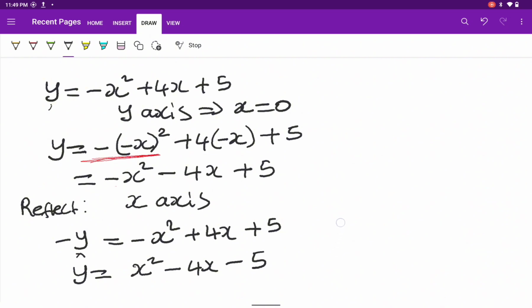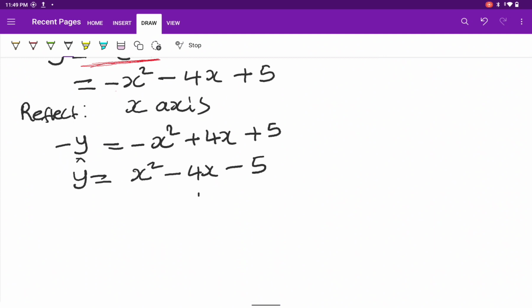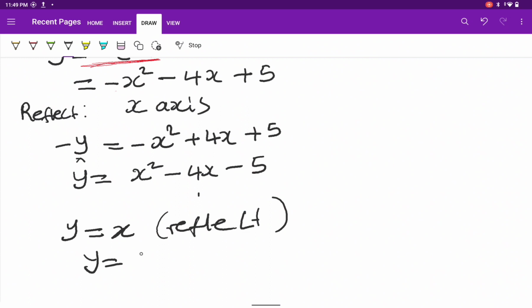Right, the next type of reflection will be along the line y equals x. Okay, we are now going to reflect along the line y equals x. So let's say we have an equation, maybe y equals 2x squared. We want to reflect the graph y equals 2x squared along the line y equals x.